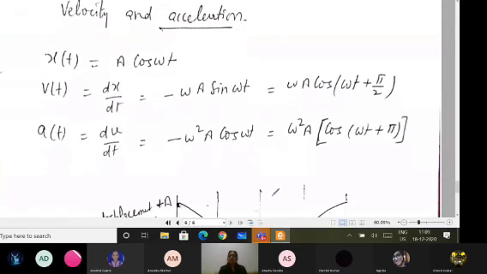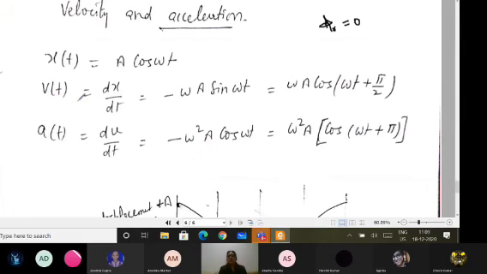So if I take initial phase equal to 0, means initially there is no phase, like when we do with the screw gauge, zero error. So no error means it is starting from the 0 position only. Then I can write the equation for the position x of t is equal to a cos omega t.